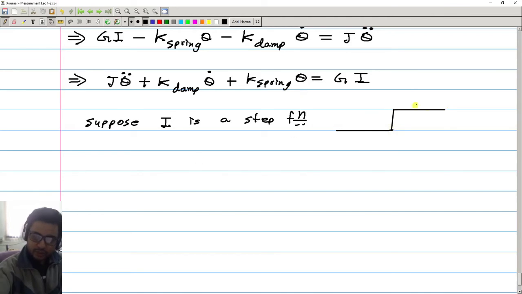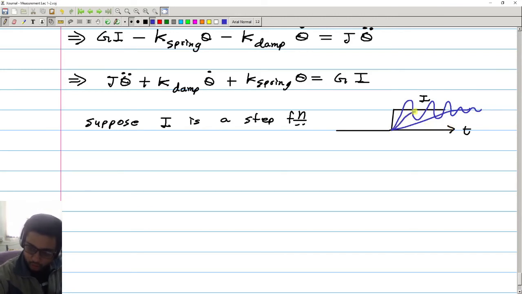So this is I versus time, and now we want to ask how the pointer position theta will change as a function of time. Will it change very slowly like this? Sorry, like this? That's not good. Or will it oscillate for a long time and then settle down? Neither is good. Or will it go fast enough without any oscillation? That is our question.